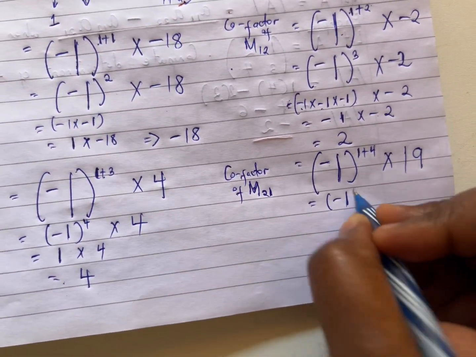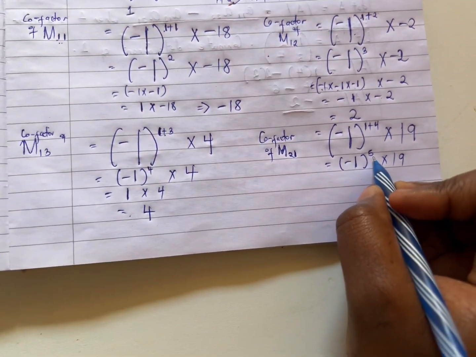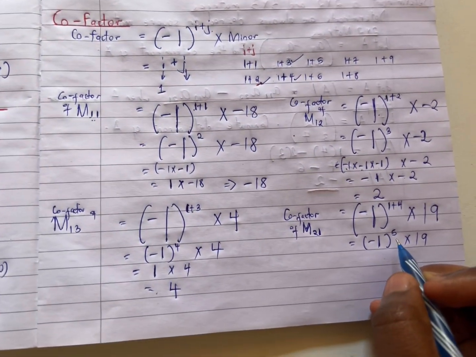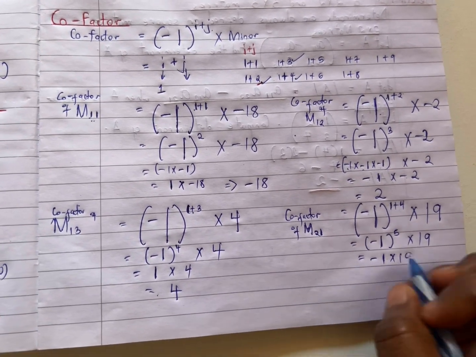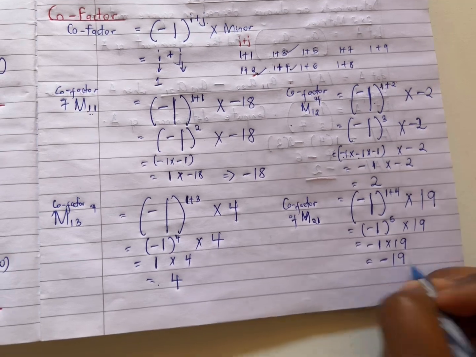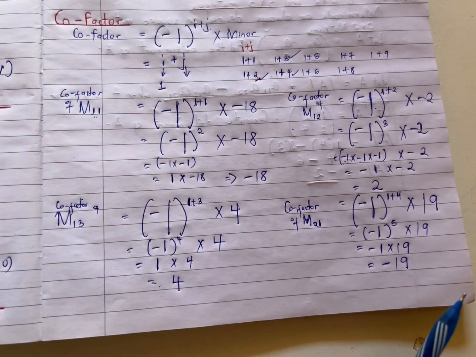So any negative power an odd number, it will be a negative. So you're going to have negative 1 times 19. So our cofactor will be negative 19. That is the cofactor of M21.